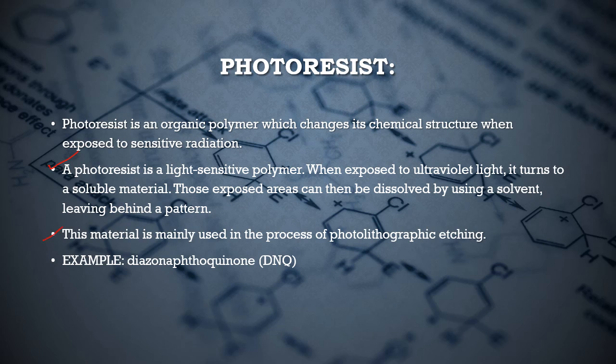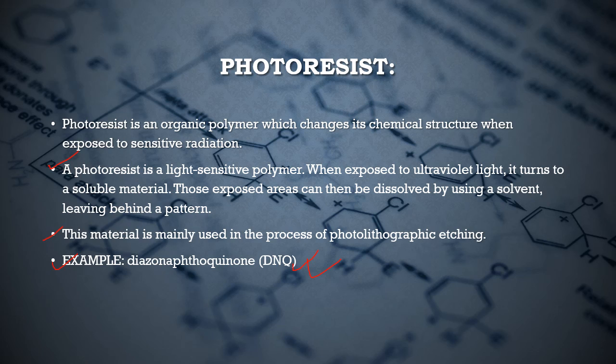And this material is used in photolithography etching, the process from which we get the pattern that we want to produce. One famous example of photoresist materials is DNQ, which is used in semiconductor industries during photolithography etching.